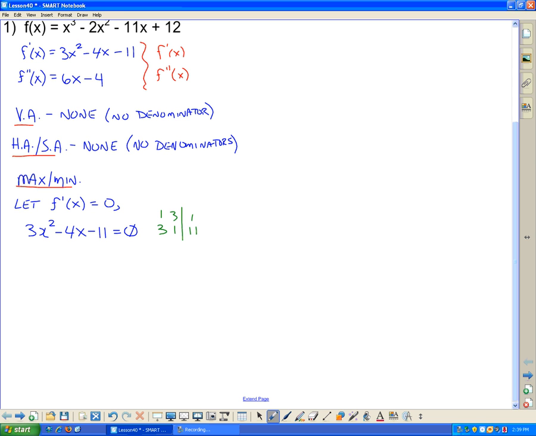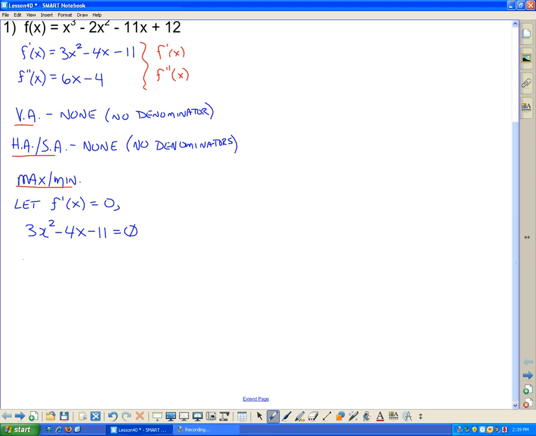All right, 11 and 3. Oh, and 33 and... I thought that might have worked, but anyway, if it doesn't jump out at you right away, then you go to the quadratic formula.